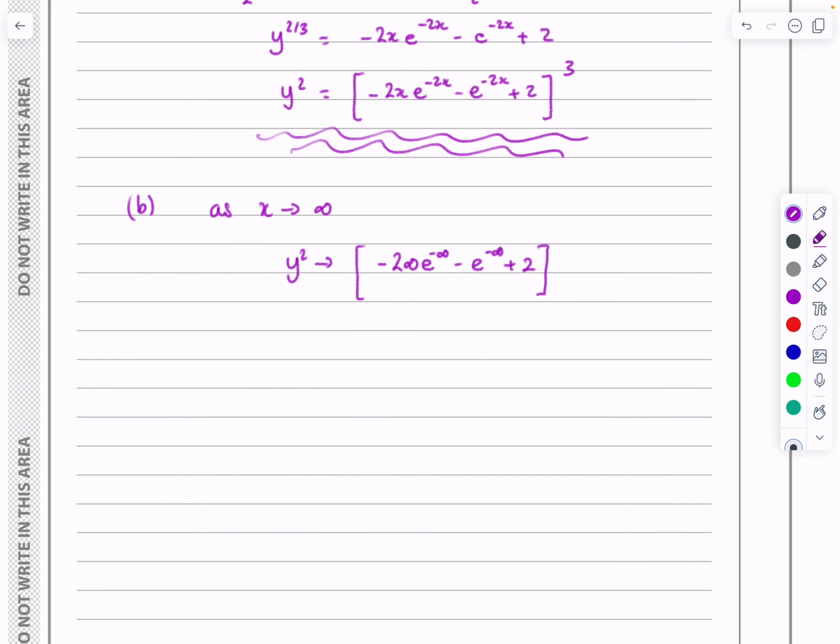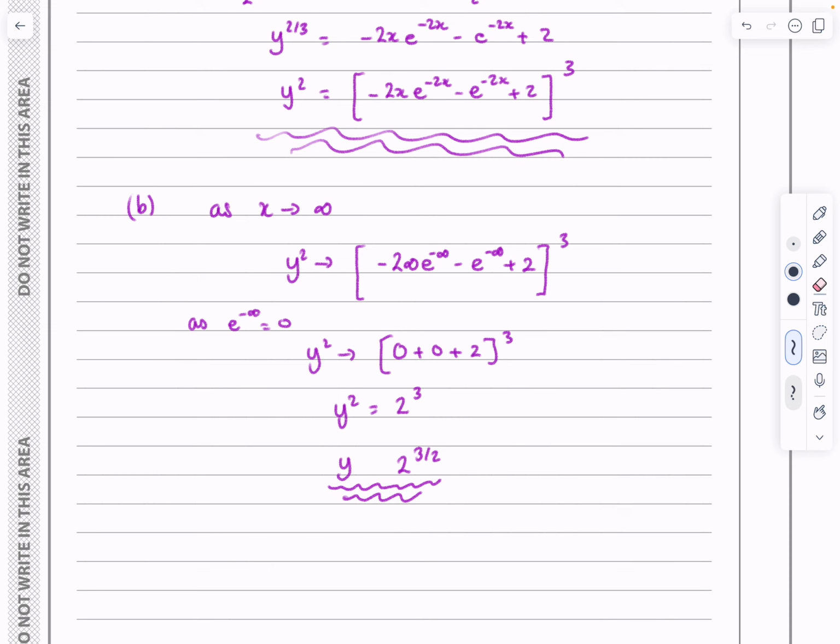So let's just say that as e to the minus infinity equals 0, y squared tends towards nothing plus 2. And actually, I've forgotten my cubed there and my cubed there. So y squared equals 2 cubed, or equals 8. y equals 2 to the 3 over 2, or whatever version of that we actually want.